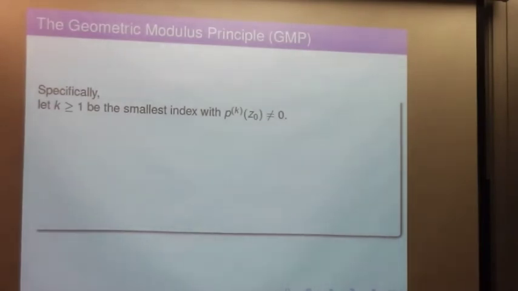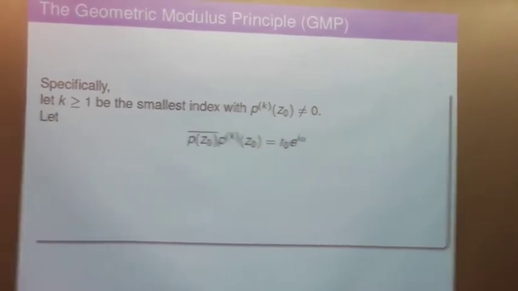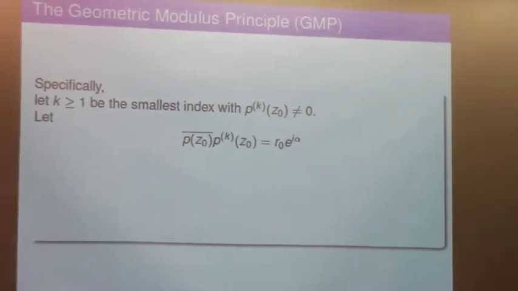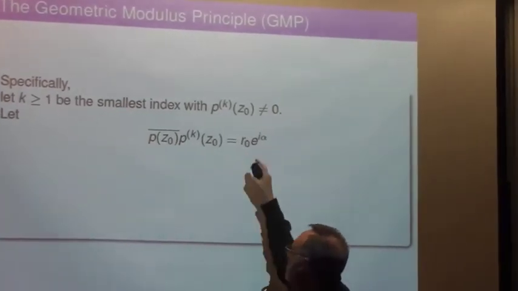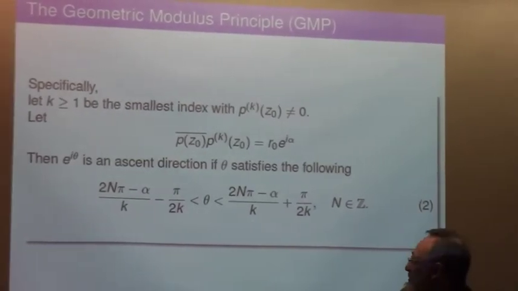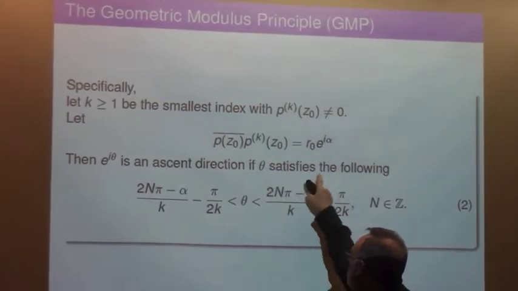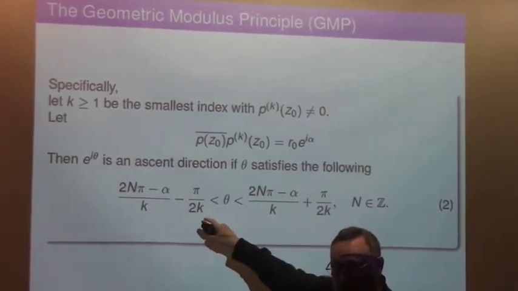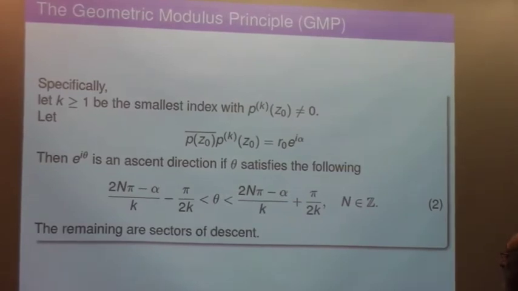Specifically, k is bigger than or equal to 1, the smallest index such that the derivative is not 0. You form this number, write it in polar form, and e to the i theta is an ascent direction if it lies between these two. Never mind the details, I'll show you a picture.